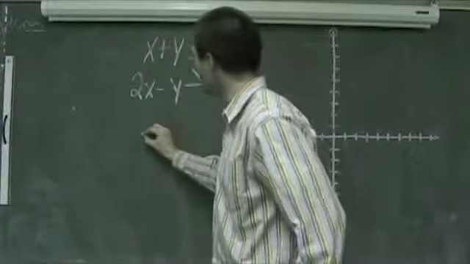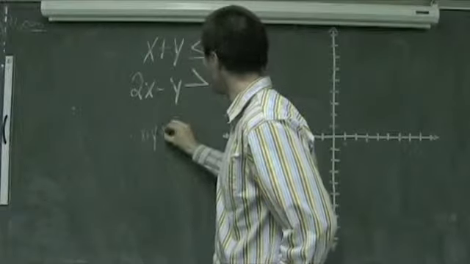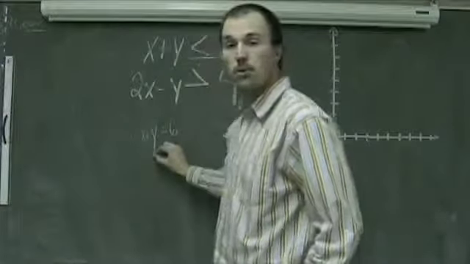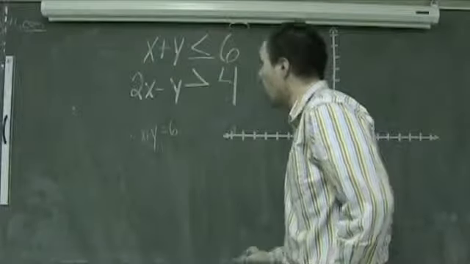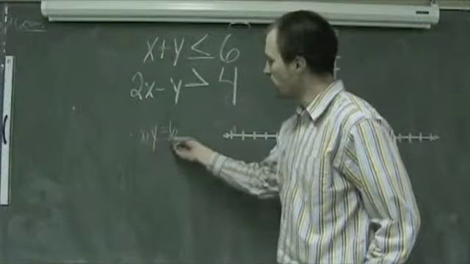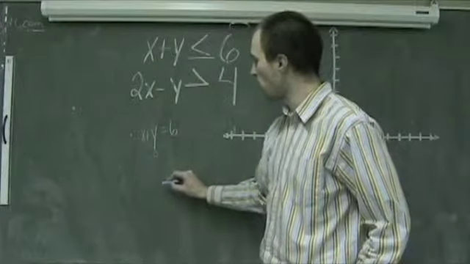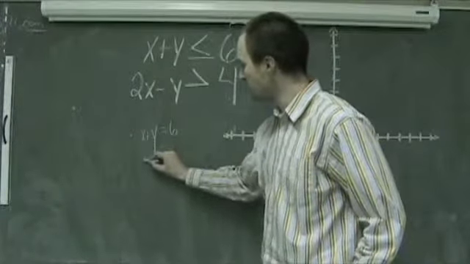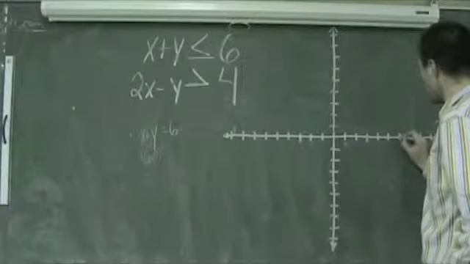First off, I'm going to have x plus y is equal to 6. I'm quick graphing this in standard form. Finding my x-intercept means that I substitute 0 for y, which means that x is 6. So I'll have the point (6, 0), which is this point out here.